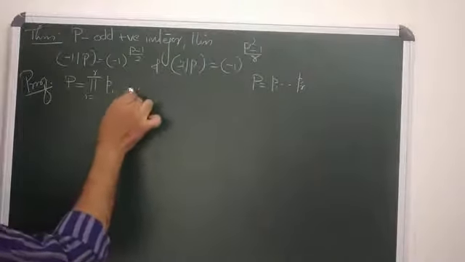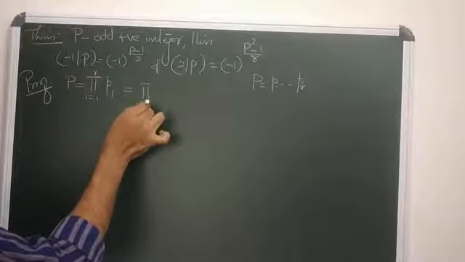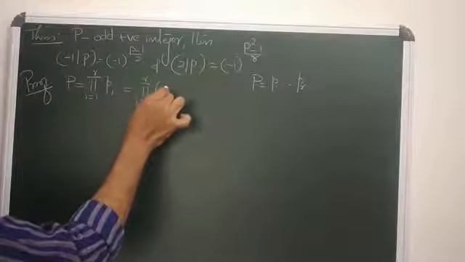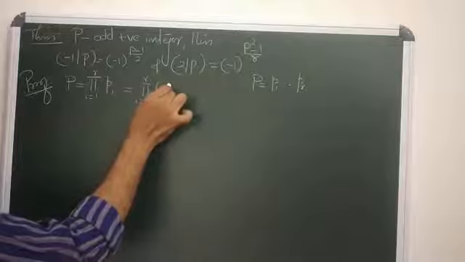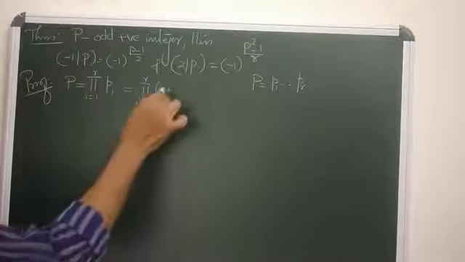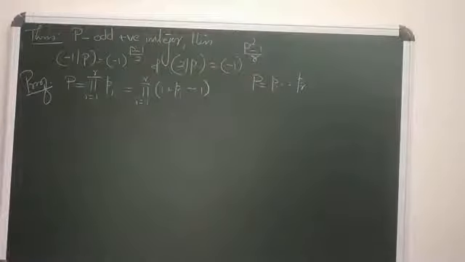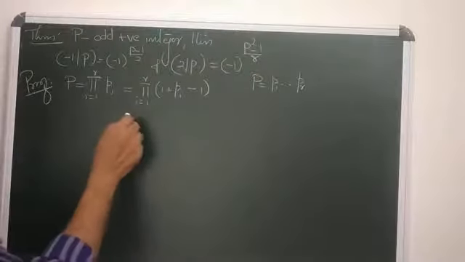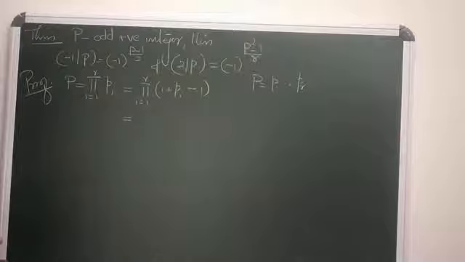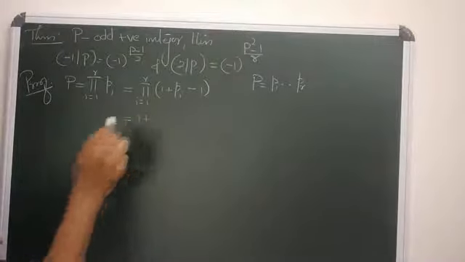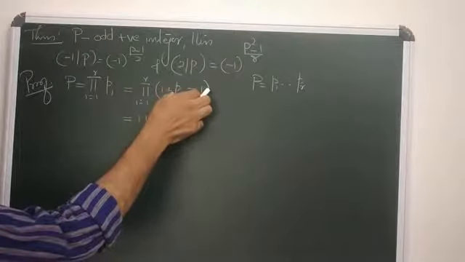This can be rewritten as product i ranges from 1 to r, this pi can be rewritten as 1 plus pi minus 1. Then what is product i ranges from 1 to r of 1 plus pi minus 1? It is 1 plus x.